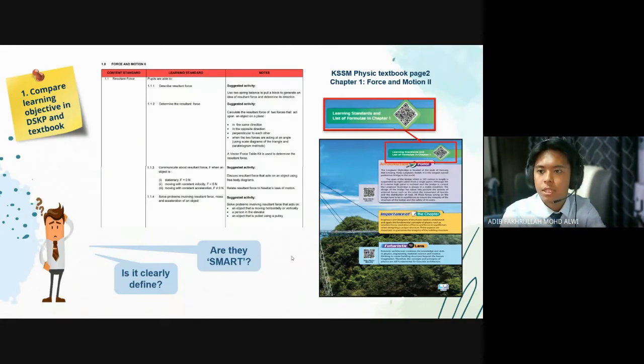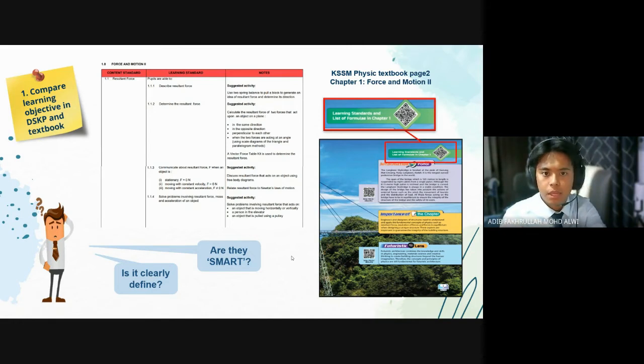From KSSM Physics textbook, page 2, chapter 1, force and motion, it only provides a QR code. When we scan the QR code, it will bring us to the SKP learning standard, or in other words, learning objective.